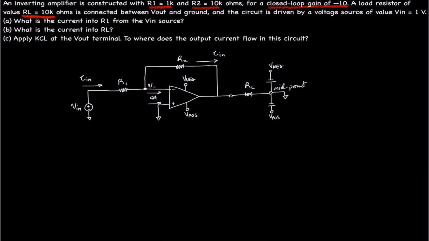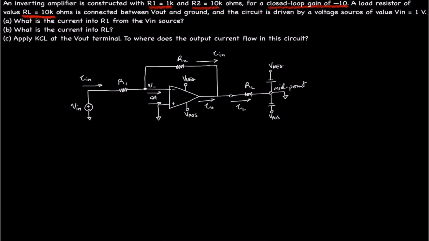At this point, we pick the direction for the current through RL. We choose a direction, which may not be right, but we still choose, and we choose that the output current flows from the output of the op amp.